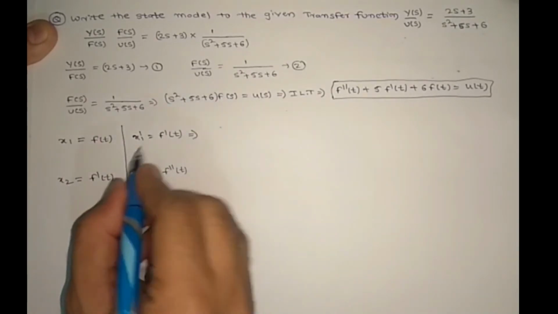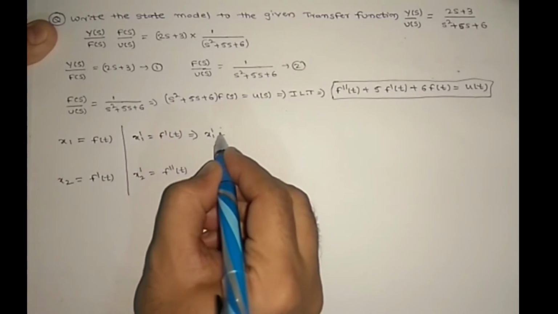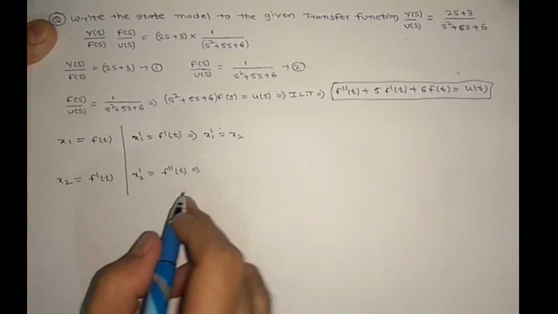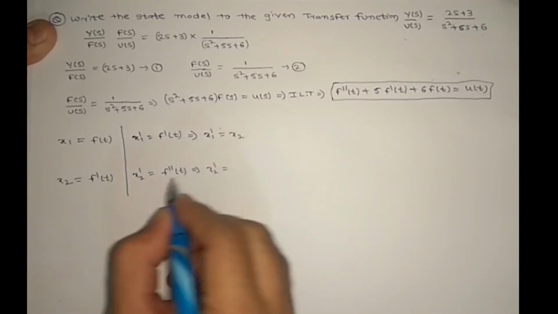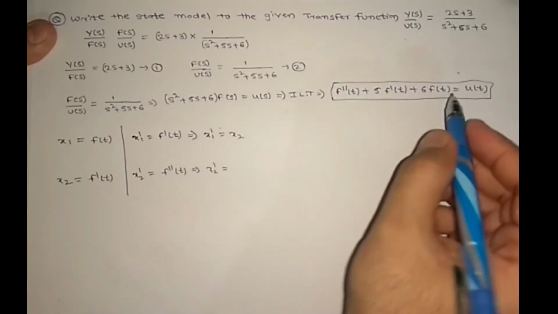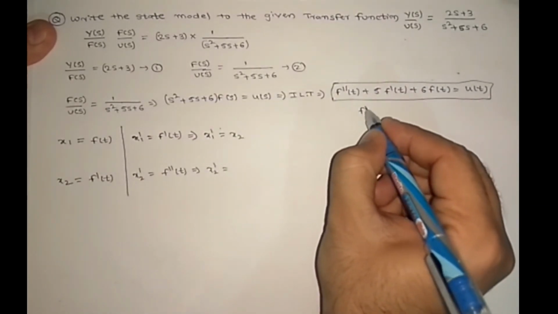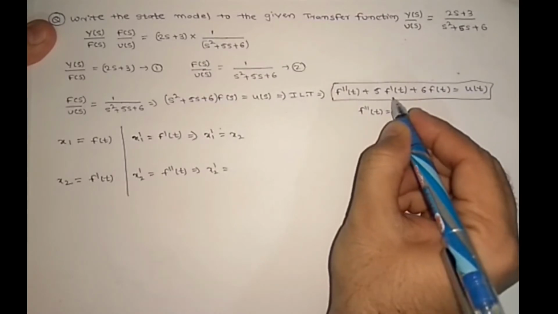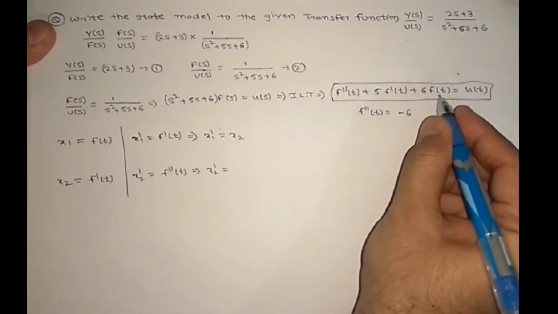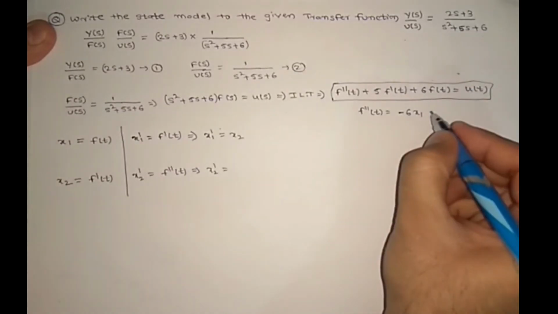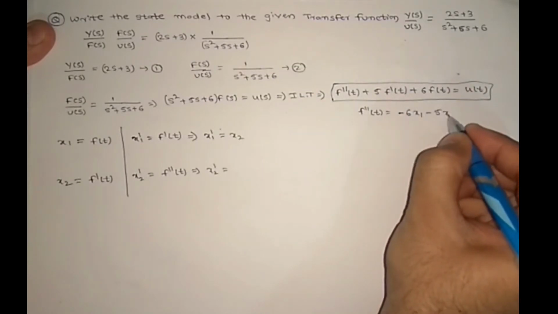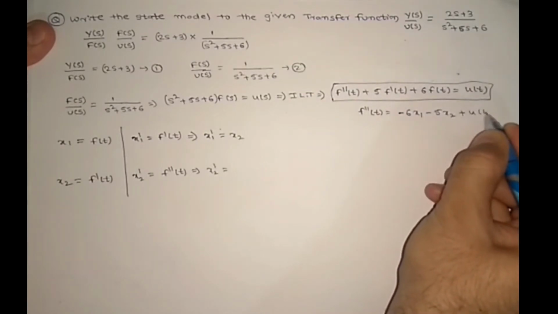So x1 dash is equal to x2 directly, but x2 dash equal to f double dash of t. From this, can you write? Directly, f double dash of t equals, taking terms to this side, minus 6 f of t, which is x1, minus 5 f dash of t, which is x2, plus e of t.